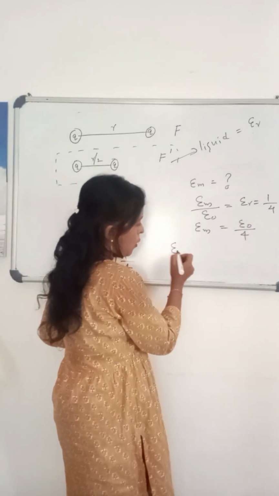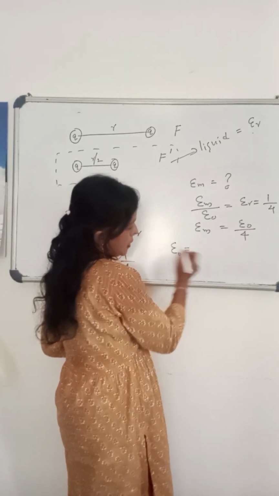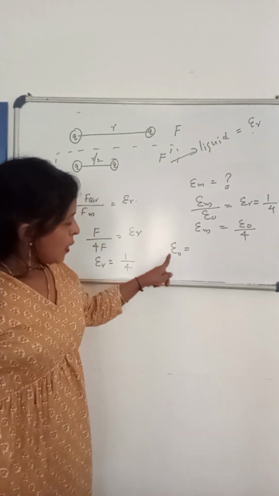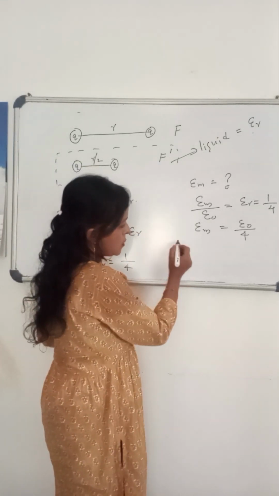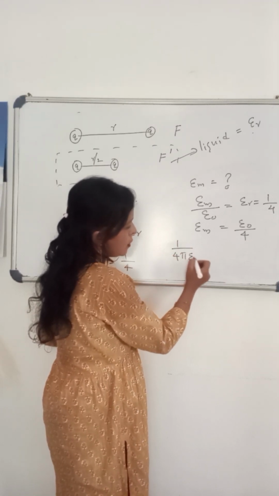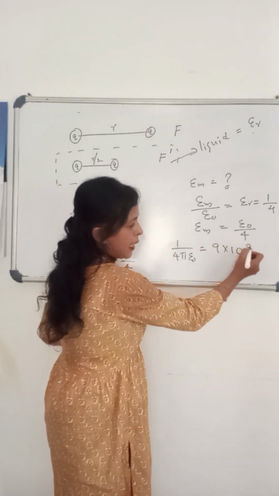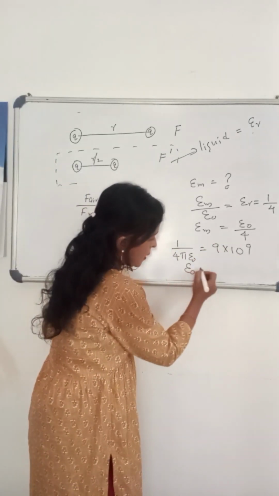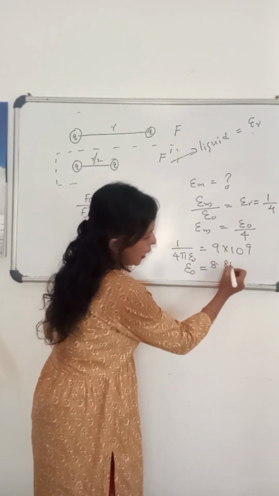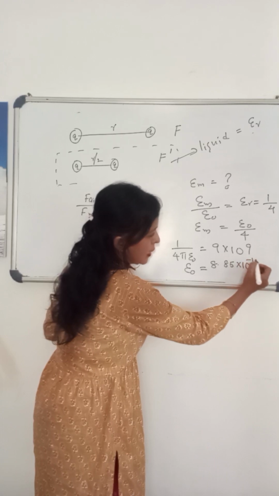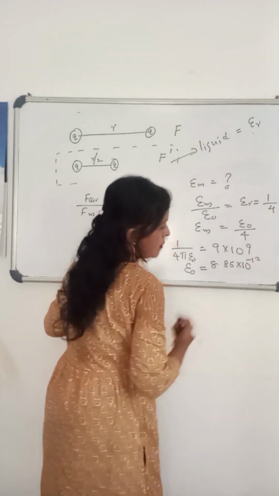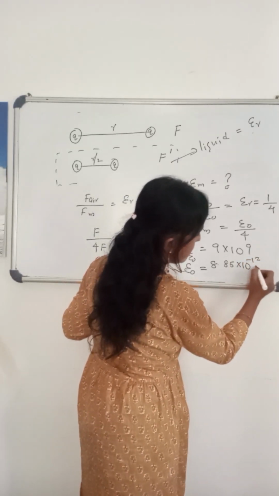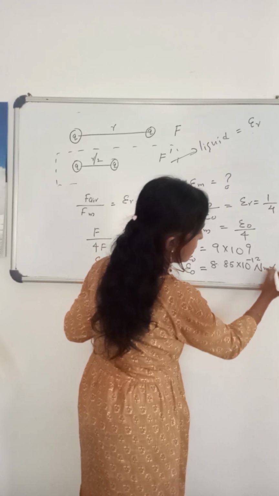Just cross multiply to this side. What is epsilon 0? We need to find out epsilon 0. We know that 1 by 4 pi epsilon 0 is equal to 9 into 10 to the power of 9. And if we calculate from this, we get epsilon 0 as 8.85 into 10 to the power of minus 12 Newton meter square per Coulomb square.